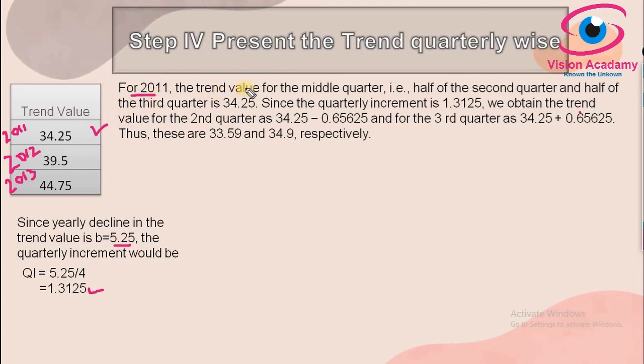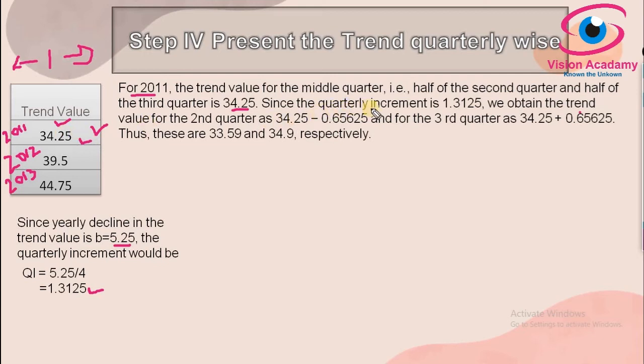The trend value of the middle quarter, that is half of the second quarter and half of the third quarter, is 34.25. Imagine this is a center point, and backward, half of the second quarter and half of the third quarter is 34.25. This is the mid value.